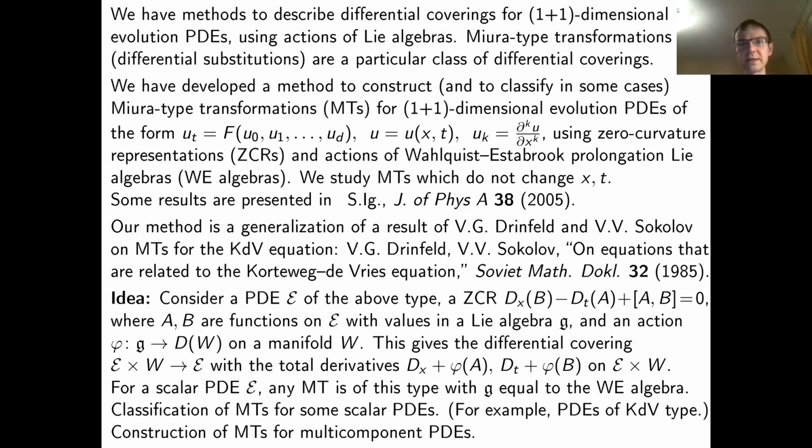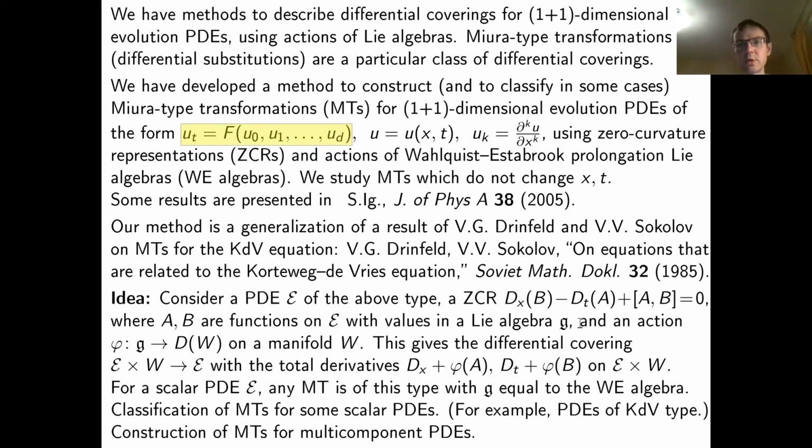Okay, now studying their results, I have developed the following generalization, and the idea is the following. We consider a PDE of the above type, and a zero curvature representation where A and B are functions on E with values in a Lie algebra g.